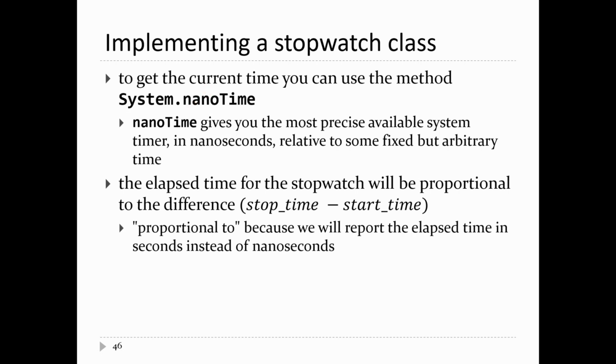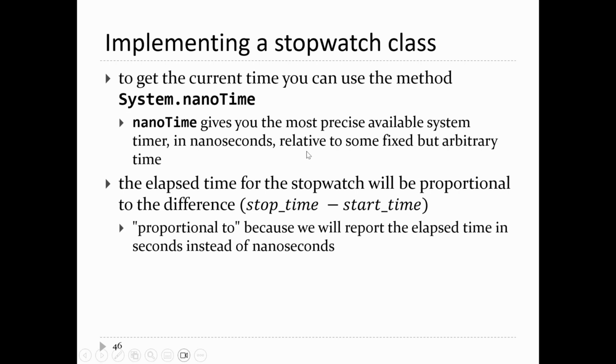Nano implies nanosecond, and a nanosecond is 10 to the minus 9 seconds, so it's a very small amount of time. This method nanoTime gives you the most precise available system time in nanoseconds. It depends on what computer you're running on how accurate this value actually is.